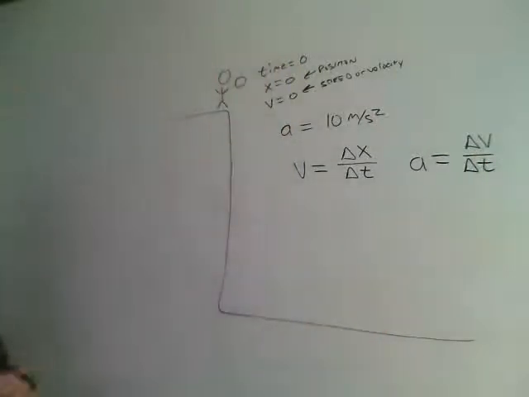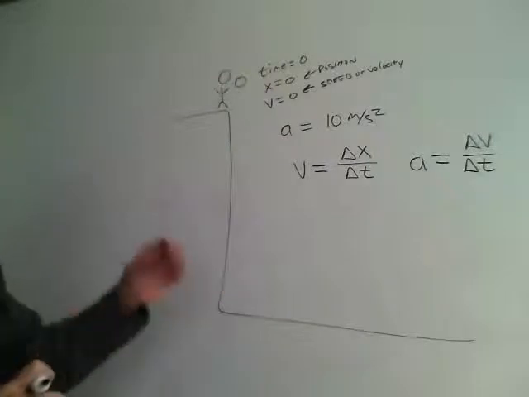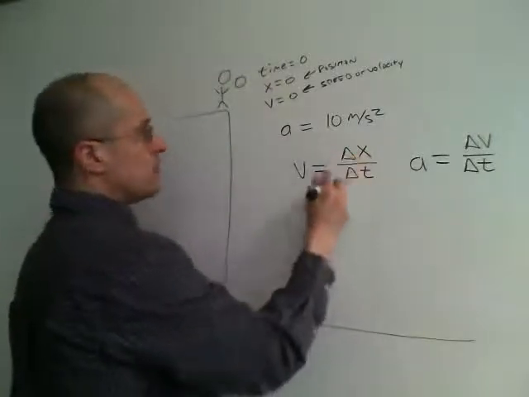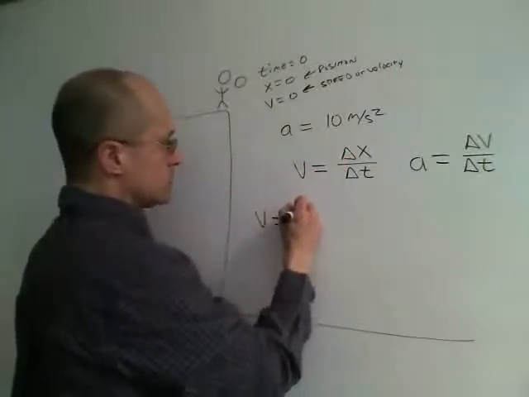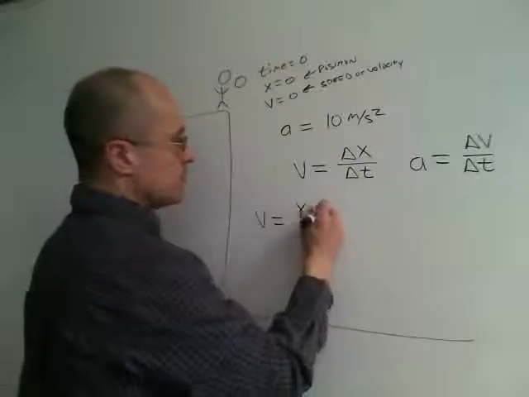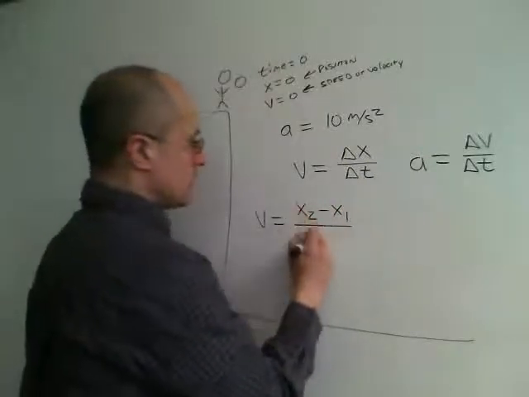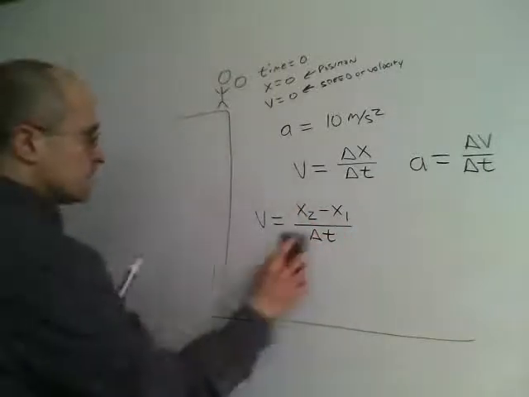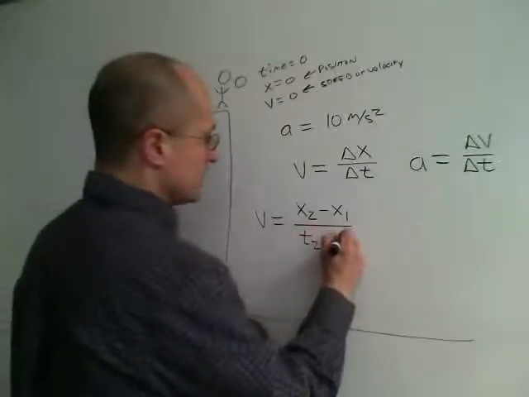If we want to know the location of our ball, let's say v equals x2 minus x1, location 2 minus location 1, over delta t, and let's put in t2 minus t1.